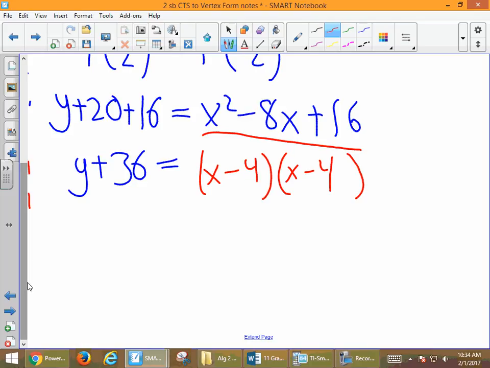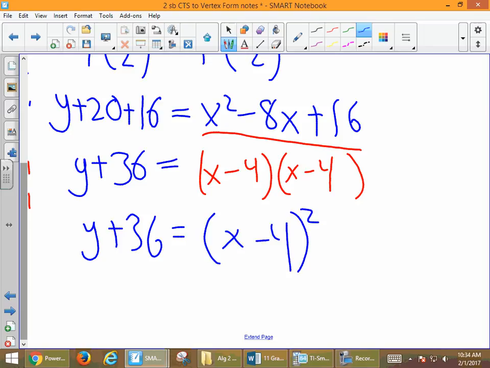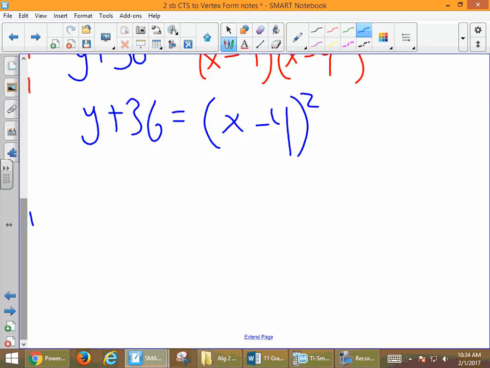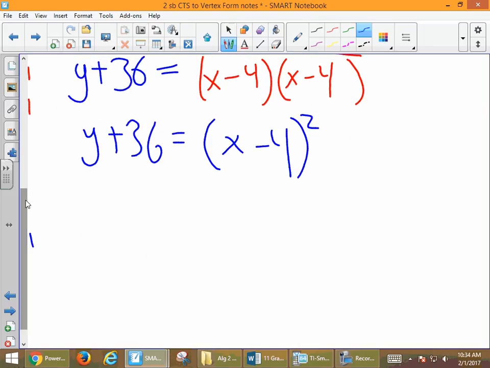And so we have y plus 36 equals, and x minus 4 times x minus 4 are the same, so we can condense them to an x minus 4 squared. We can compress them together. And now our last step with completing the square to get a vertex form was to solve for y.